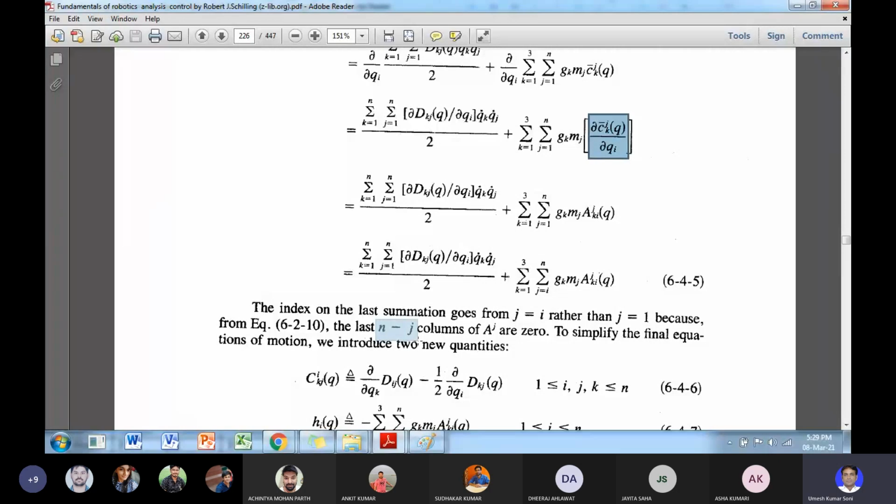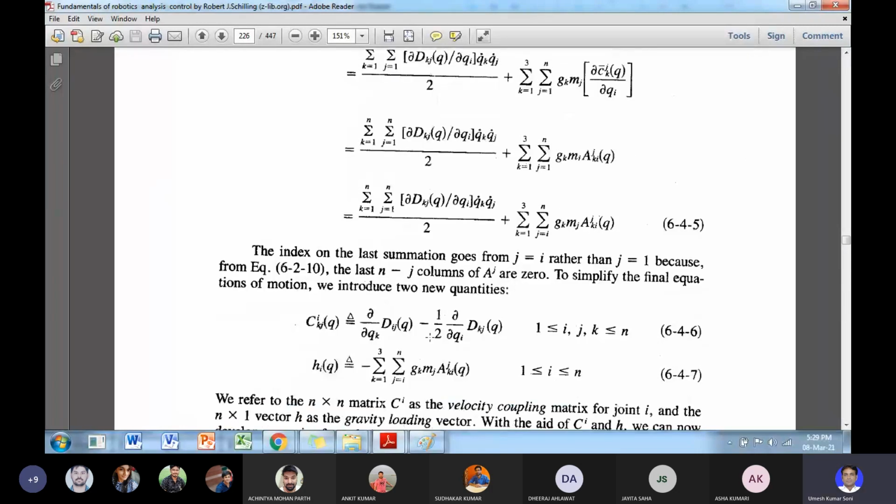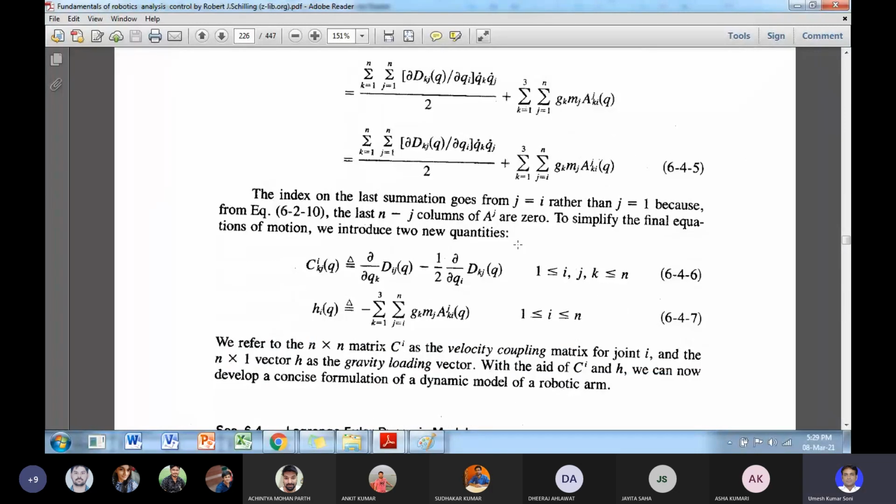Here it is saying that n minus j-th columns of A_j are 0. Complete A_j, suppose 1 to n, some elements are 0 in that A_k. So this is saying n minus j elements are 0 in the Jacobian matrix. Here it is taking j equal to i to n.